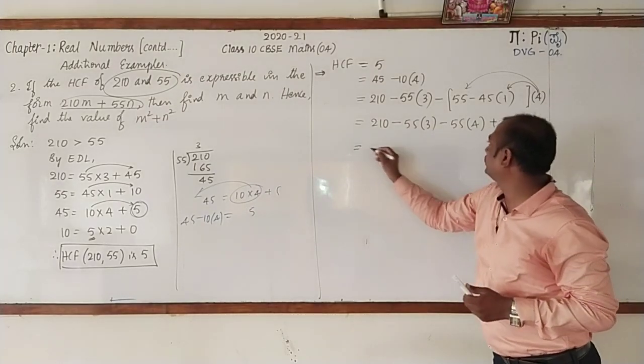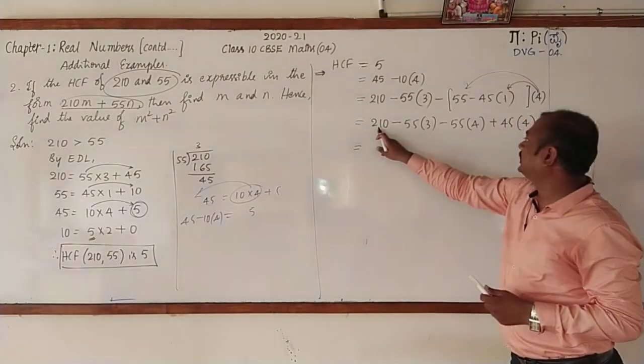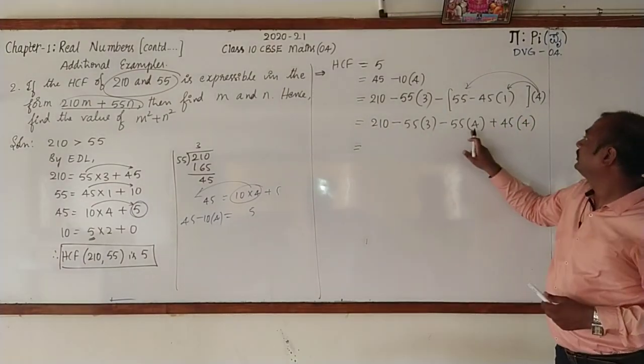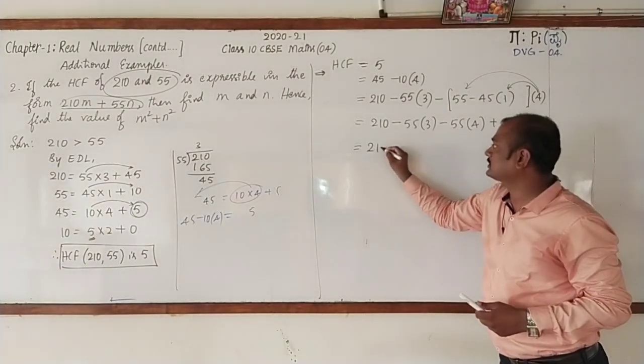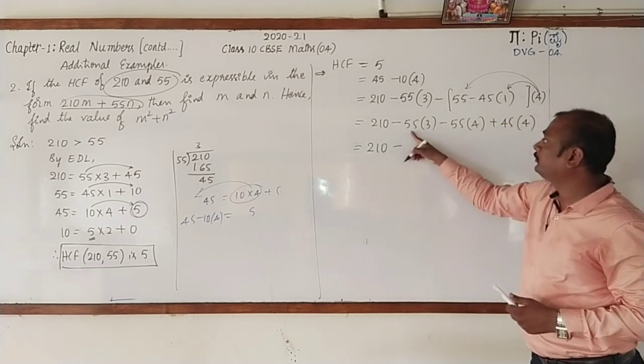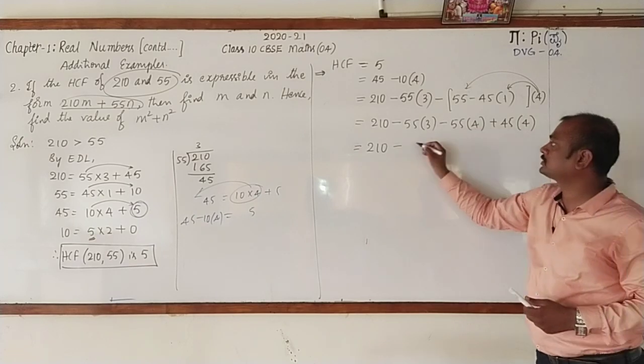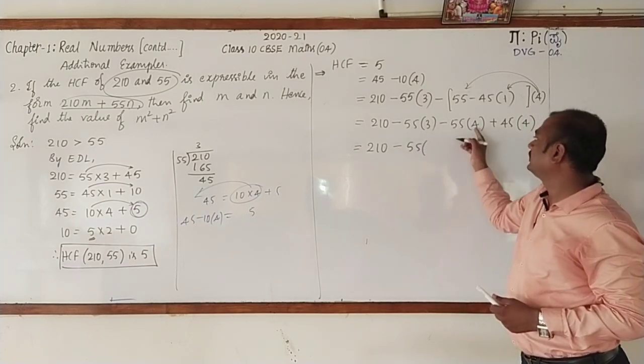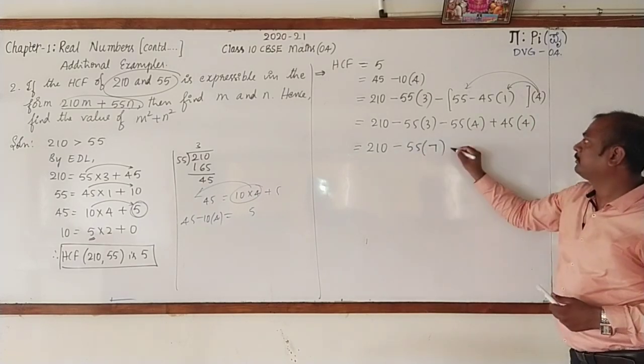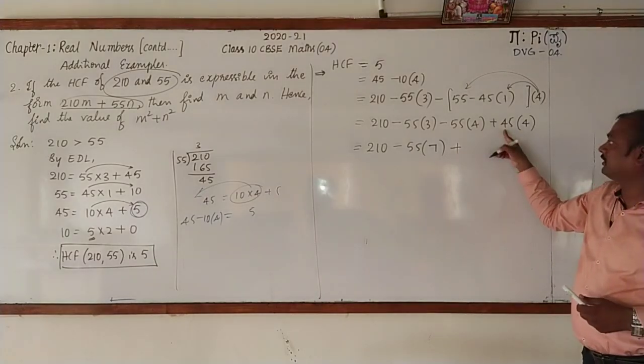Now this is equal to 210, here 1 time, that should be written as it is, 210 minus 55, minus 55 3 times, minus 55 4 times, total minus 55 7 times, plus 45 is there.